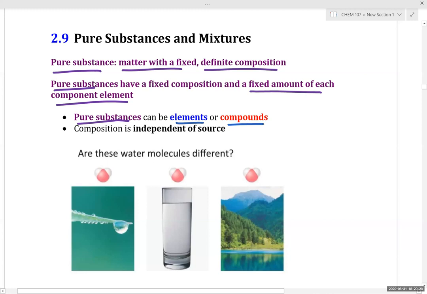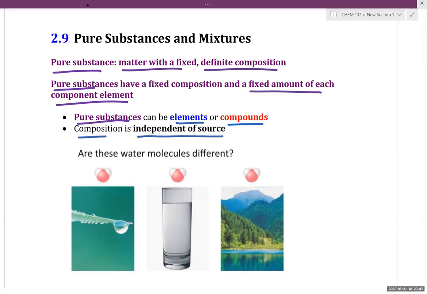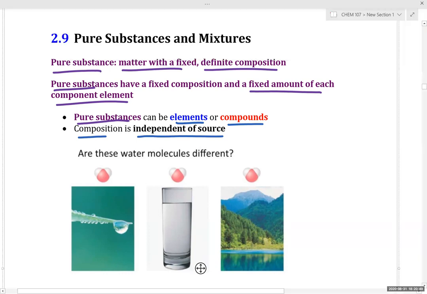And the really wonderful thing about pure substances, from the perspective of a chemist who wants to actually perform chemical reactions and study the behavior of different elements and compounds, is that the composition of a pure substance is independent of source. So what do I mean by that?